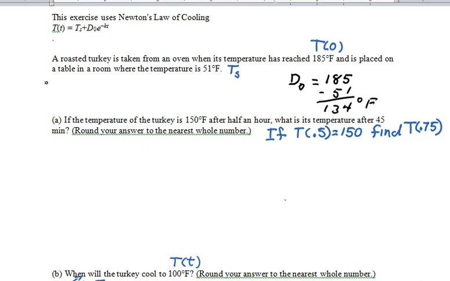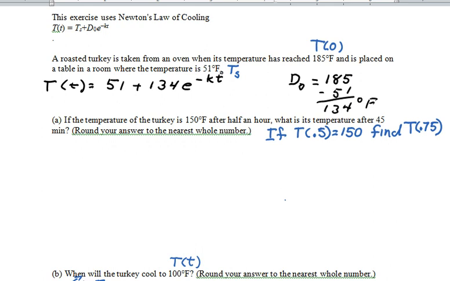And so our formula would be in the form capital T of t equals 51 plus 134 e to the minus kt.